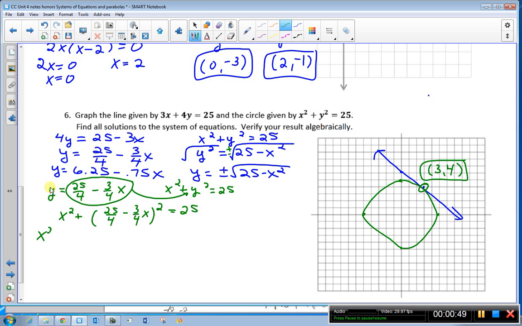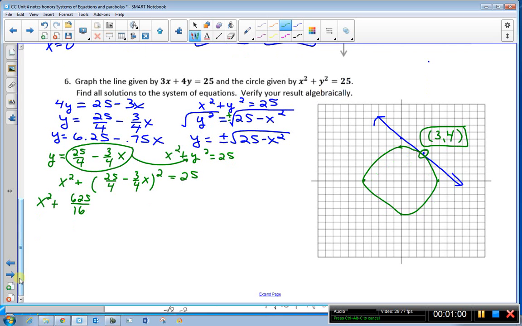25 fourths times 25 fourths is 625 over 16. Then I have to do the two middle ones, which are negative 75/16 x minus 75/16 x, and then the last terms, that's plus 9/16 x squared, and that equals 25.